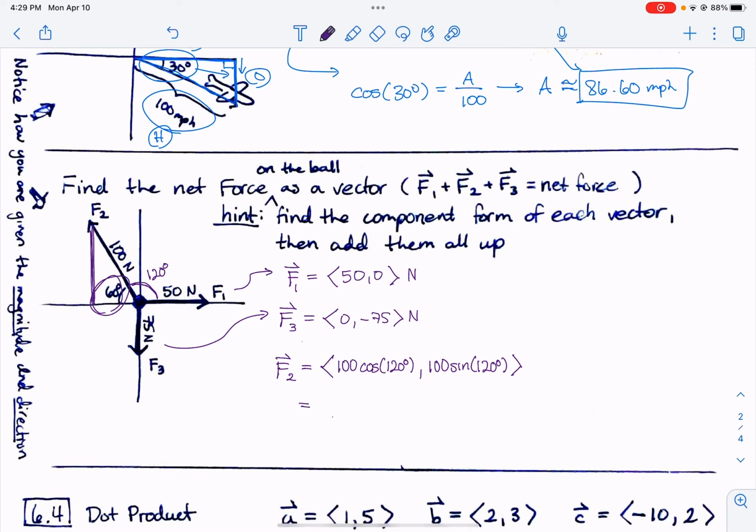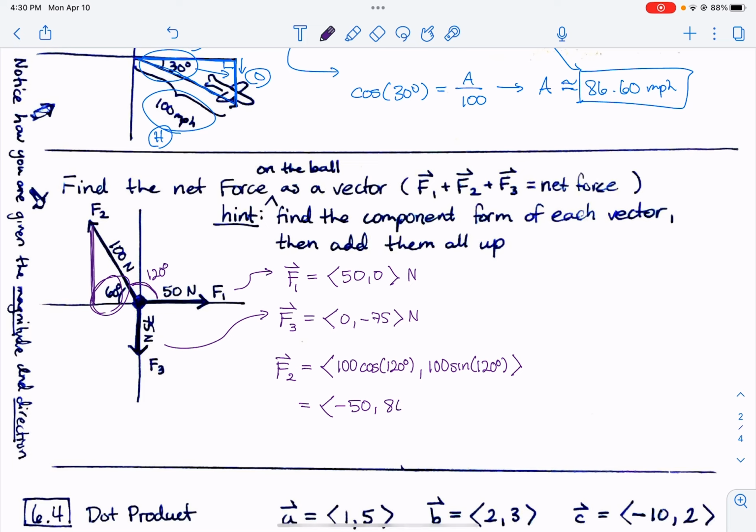All right, so let's actually calculate this. So I got 100 times cosine of 120. See, this is the component that should be negative, negative 50. And then 100 times sine of 120. We get about 86.60.